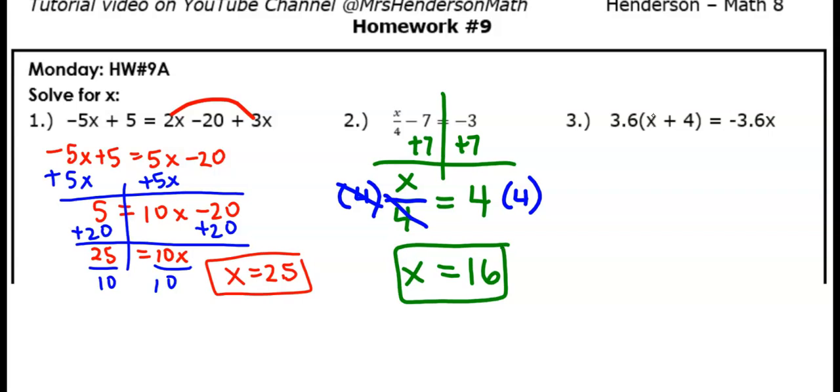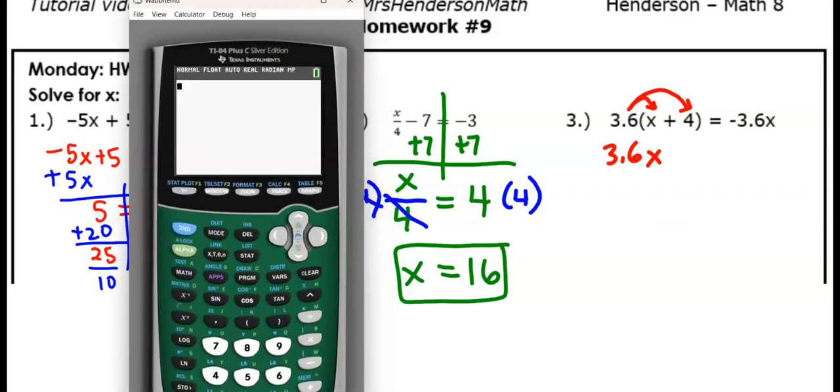Last problem. This one has parentheses, and I need to distribute. 3.6 times x is 3.6x. 3.6 times 4 is, let's take a look, 14.4.